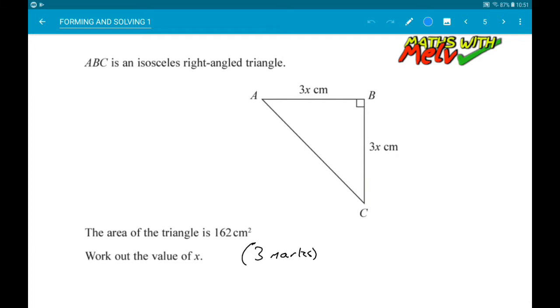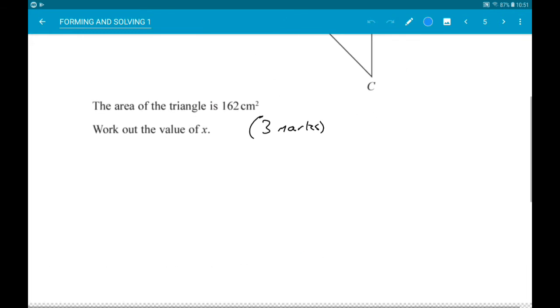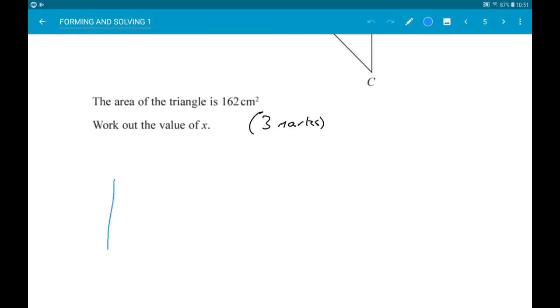So, just because this triangle is not sat on its base, if that bothers you, we could kick it over so it's sat like this. Now we know the area then is 3x times 3x.